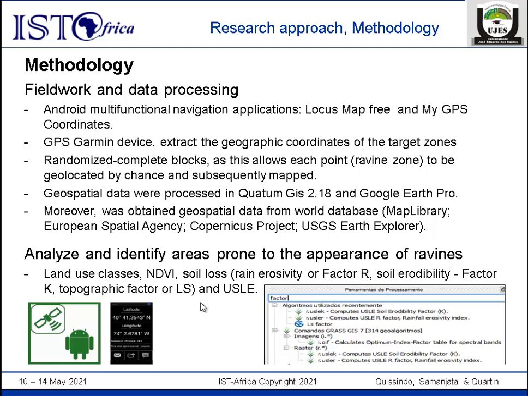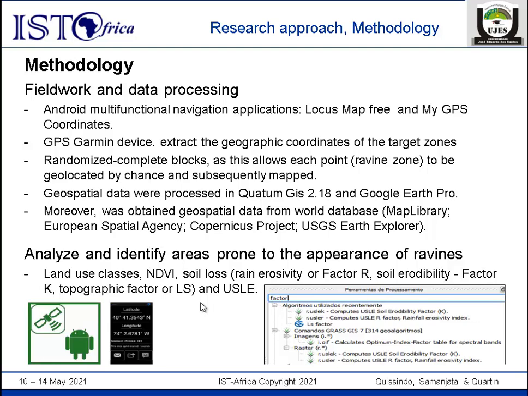We also used a Garmin GPS device to extract geographic coordinates in target zones. This data and other data that we got from the World Geospatial Database, we processed in QGIS software and Google Earth Pro.